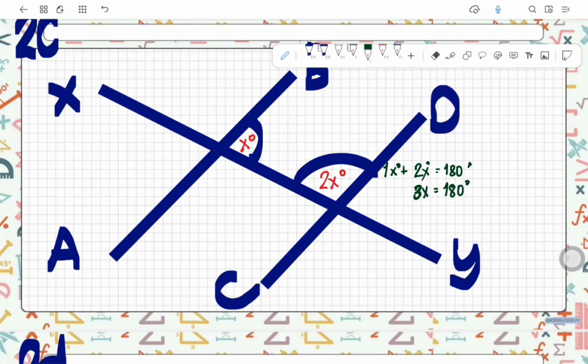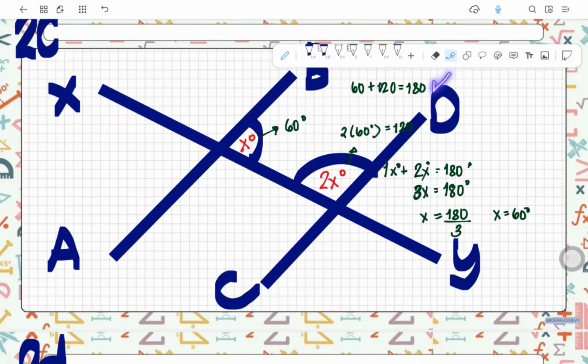And what do we have? x is equal to 180 over 3, and x is equal to 60 degrees. By checking, x is equal to 60 degrees. 2x means 2 times 60 degrees, which is equal to 120. And 60 degrees plus 120 degrees is equal to 180 degrees. Again, our answer is correct.